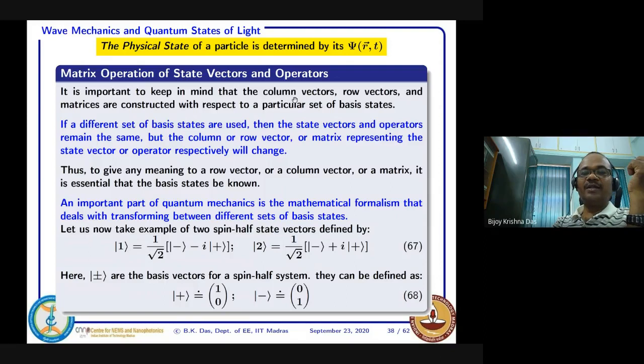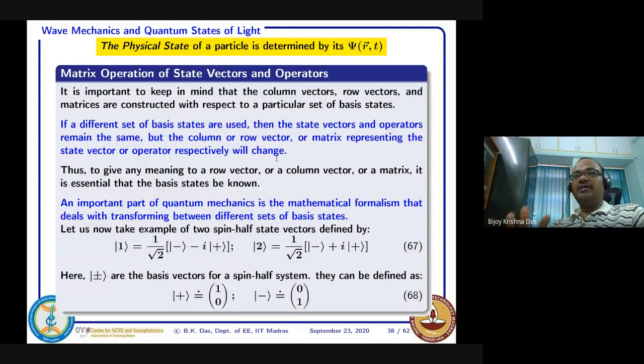Whatever state vectors and operators you have earlier considered remain the same, but the column and row vector or matrix representing the state vector or operator respectively will change. So this is very important also.